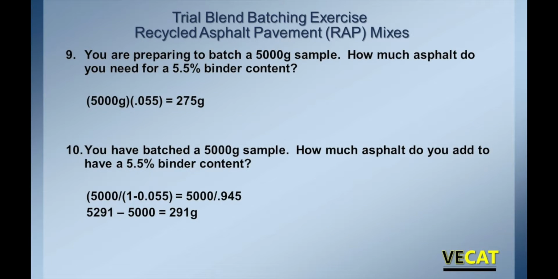So there are a couple of ways that you can be asked questions on the exam, how to add asphalt to, or how to calculate how much binder you're going to put in a batch sample. And just the way we went through and calculated a virgin mixed binder and a wrap binder are very different, and that kind of highlights the differences between the two ways you could be asked. So we have two different questions here.